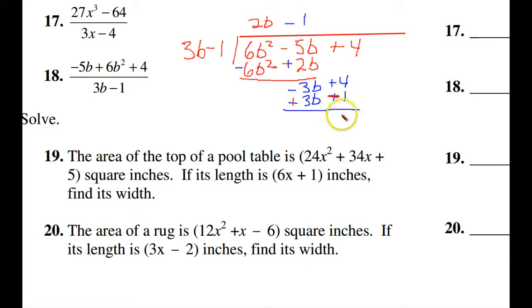Notice when you do, you end up now finally with a remainder. How do we write that? Well, since it's a plus, we just go plus 3 over our original denominator there, which is 3b minus 1. And that's how you do it.